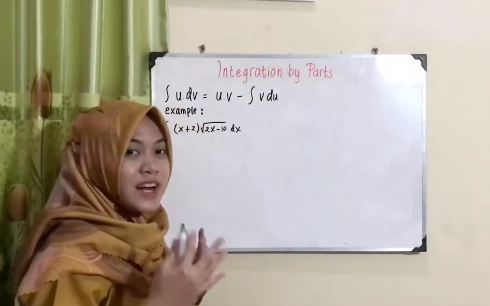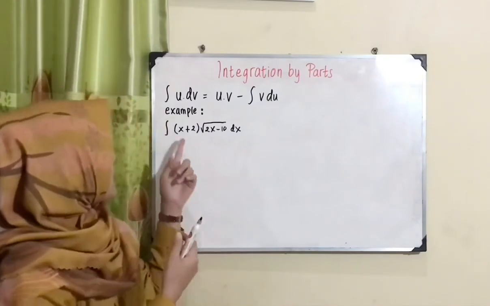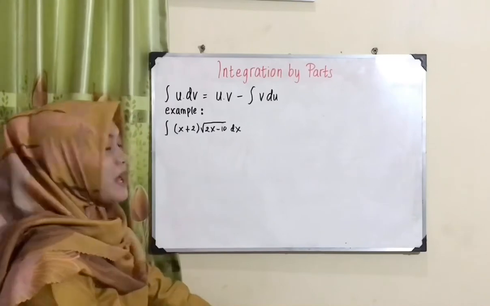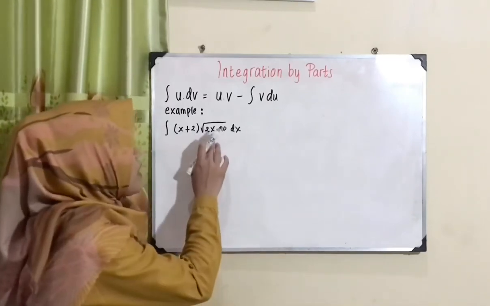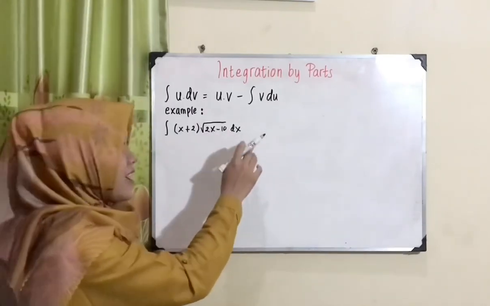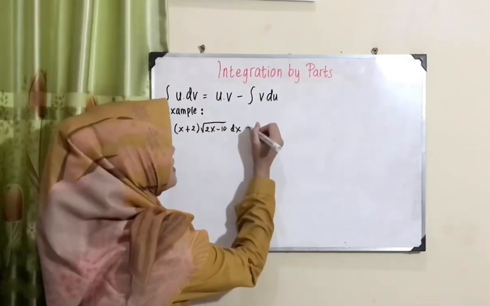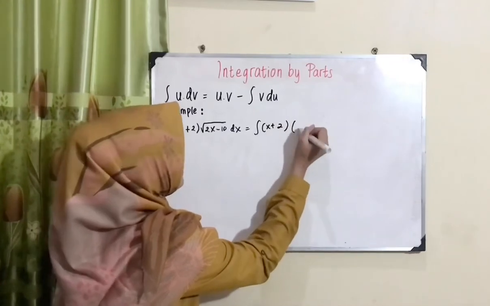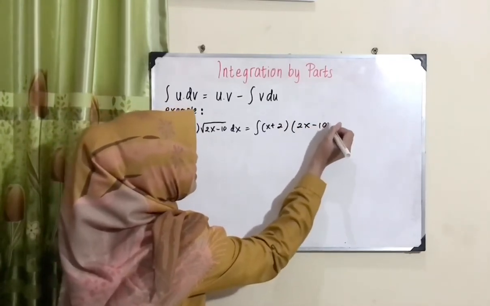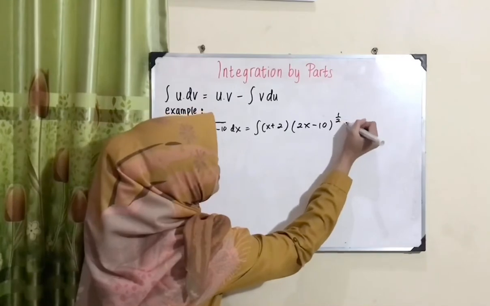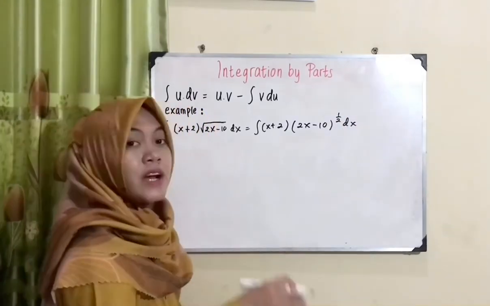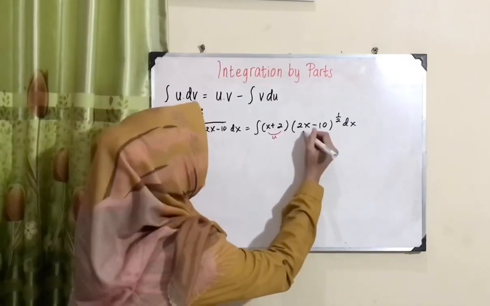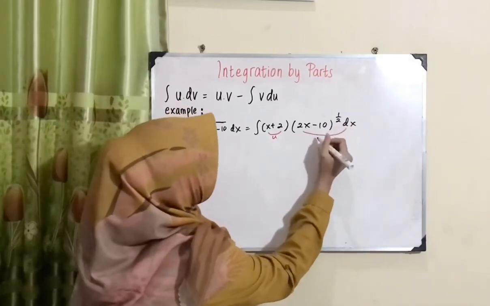Okay, to better understand, pay attention to the following question. The integral of (x plus 2) times the square root of (2x minus 10) dx. We can write the integral of (x plus 2) times (2x minus 10) to the power of 1 over 2 dx. Okay, let u be x plus 2 and then dv is this.